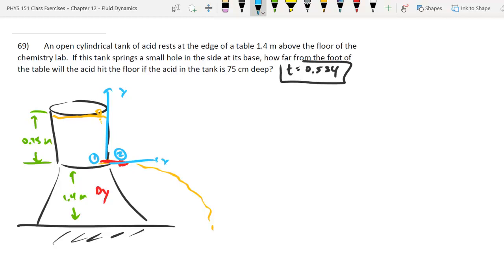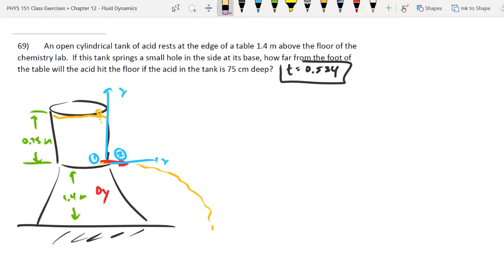Then Bernoulli's equation can relate the pressures and the velocities here, and we won't have a height difference between them. If you wanted to, I could pick point 1 up here and take into consideration a height difference. But we'll just do that. It works just as well to pick point 1 right on the inside.